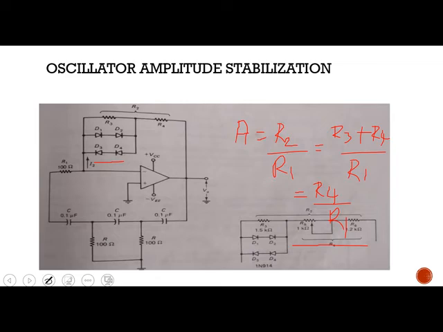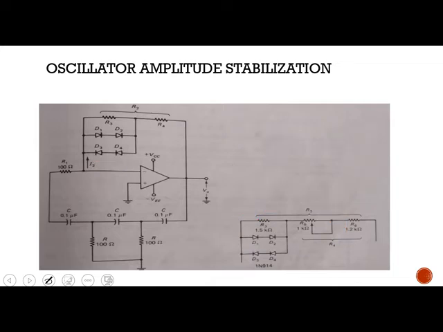When we design the circuit, we will design it in the same way as we design the phase shift oscillator. So we have here R2 equal to A into R1. We know that A should be greater than or equal to 29. So R2 is equal to 29 R1. Now we need to find the value of R3.